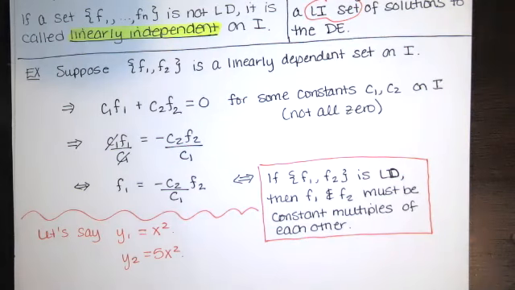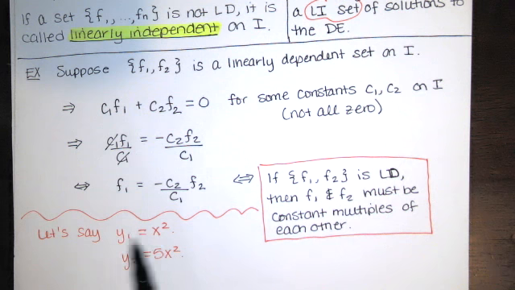And I would say, well, yeah, remember what we talked about before? If y1 equals x squared is a solution, any constant times x squared will also be a solution, including 5x squared. So I kind of already knew that 5x squared would be a solution because I knew that x squared would be a solution. So this is not telling me anything new.